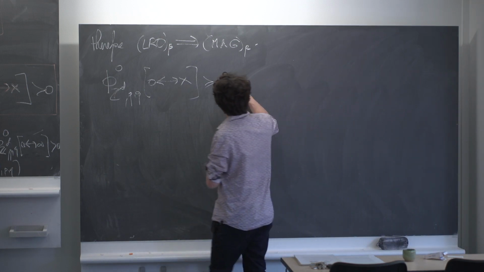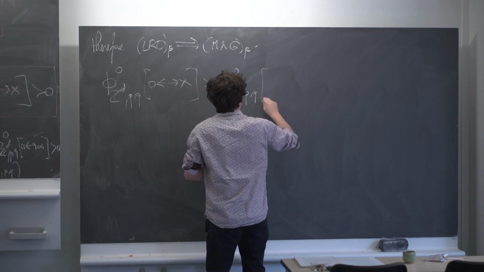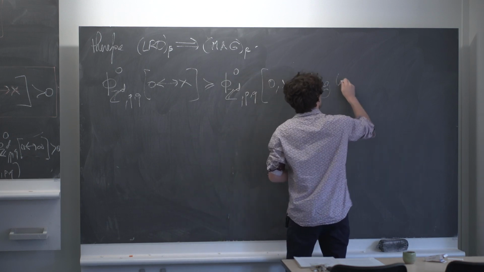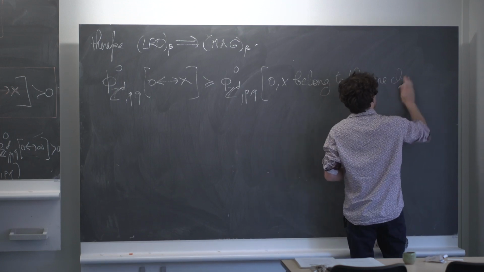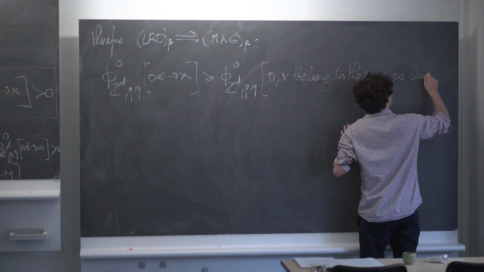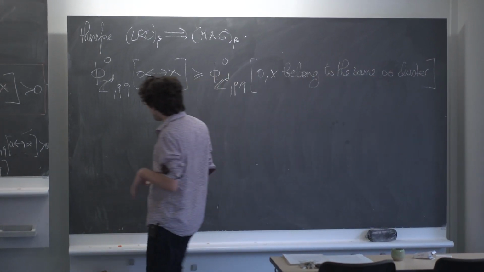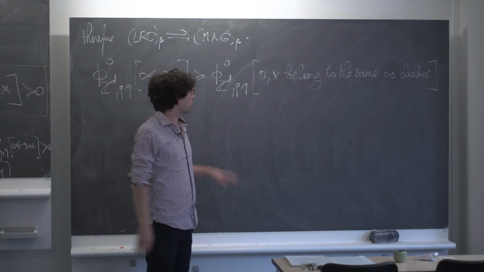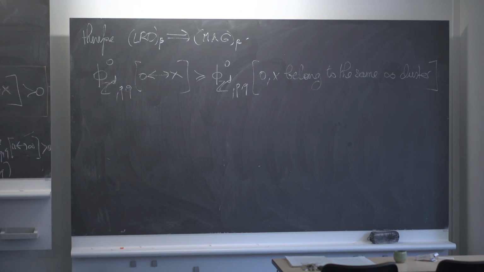So phi 0 ZD PQ of 0 and x belong to the same infinite cluster. So now here, two things can go wrong in comparing this to the probability that 0 is connected to infinity for phi 1.